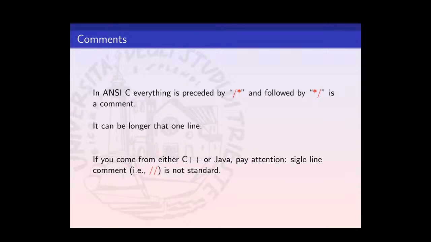Despite this, modern compilers usually also allow the comment version which was introduced for the C++ programming language, which is a sort of a son of the C programming language, which is the double slash.